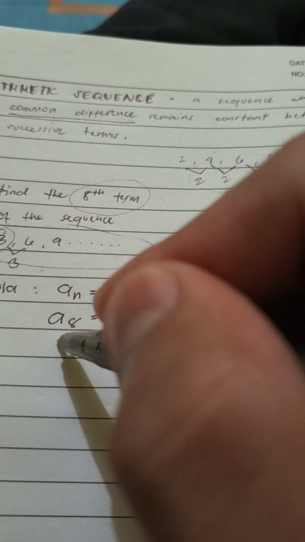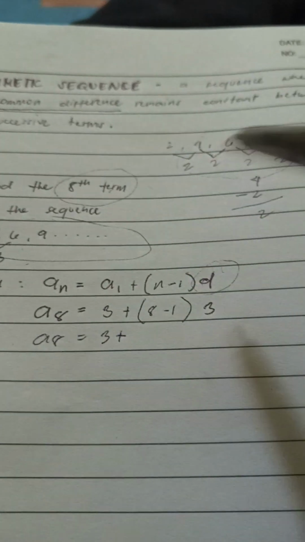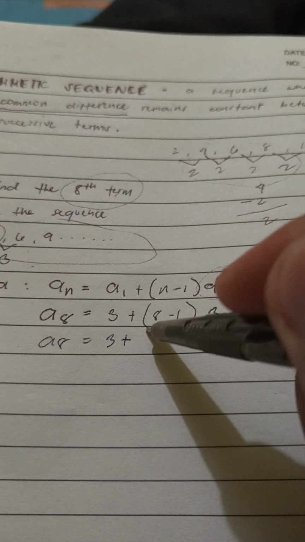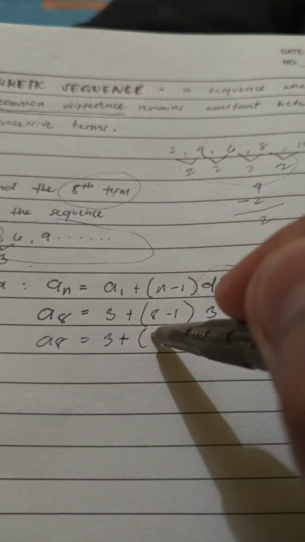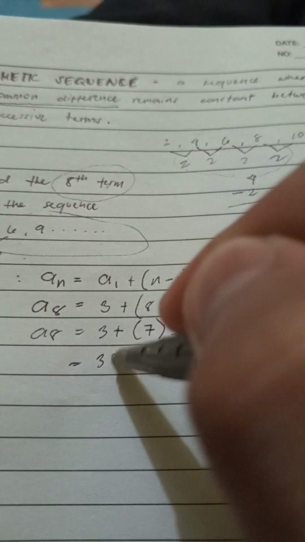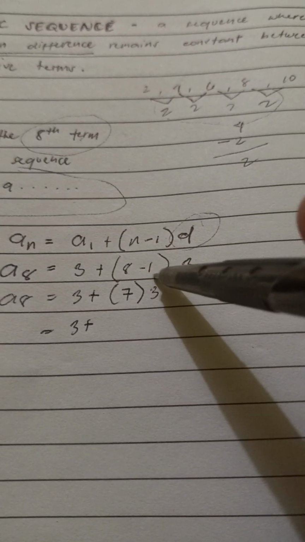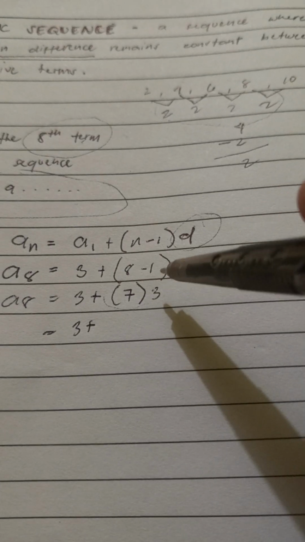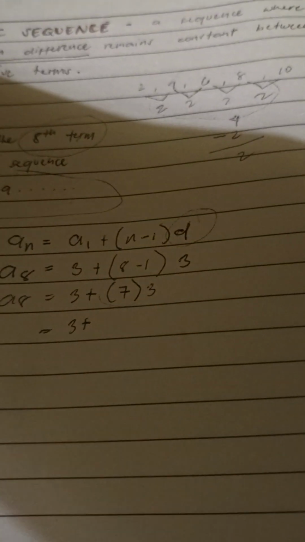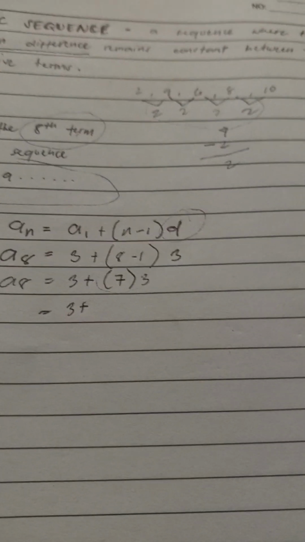Let's first subtract this part. 8 minus 1 is 7. Then we need to multiply this. 7 times 3 is 21, right? 21.